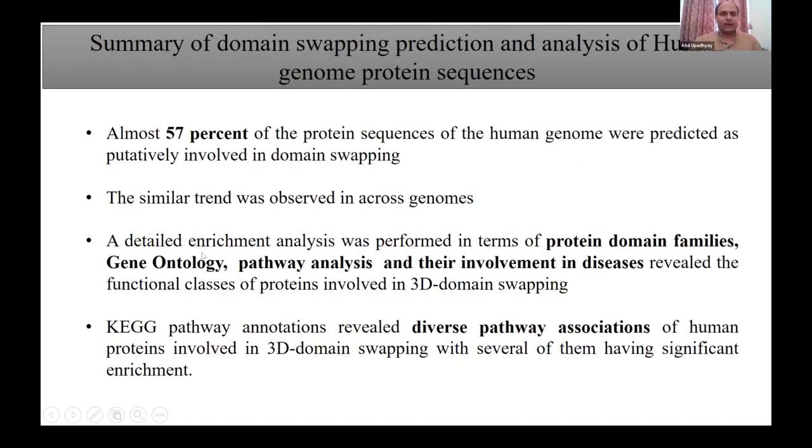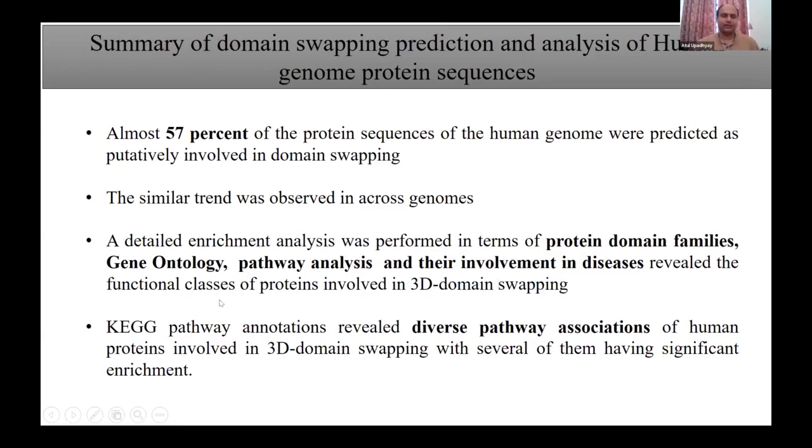So to summarize this part, almost 57% of the protein sequences of the human genome were predicted as putatively involved in domain swapping, and a similar trend was also observed across genomes. Then we did a detailed enrichment analysis in terms of protein domain families, gene ontology, pathway analysis, and involvement in diseases, which revealed the functional classes of the proteins involved in domain swapping.